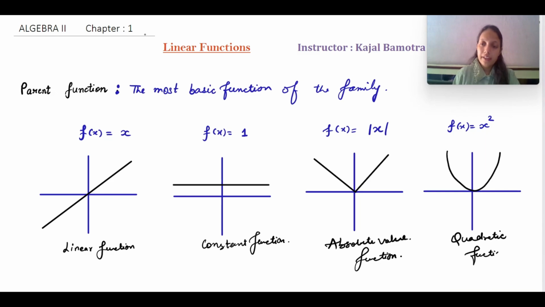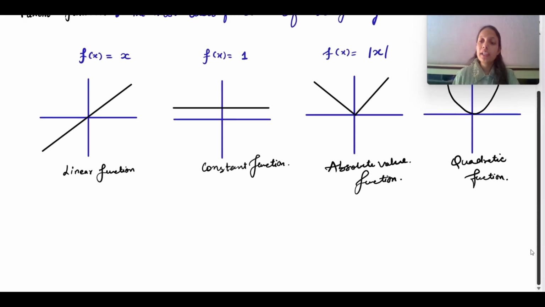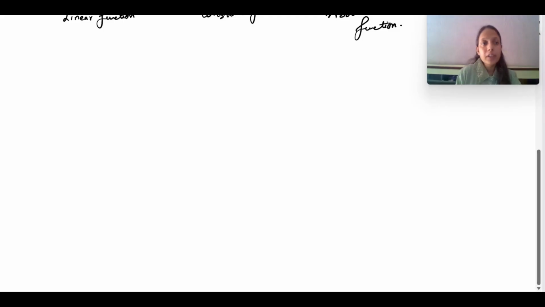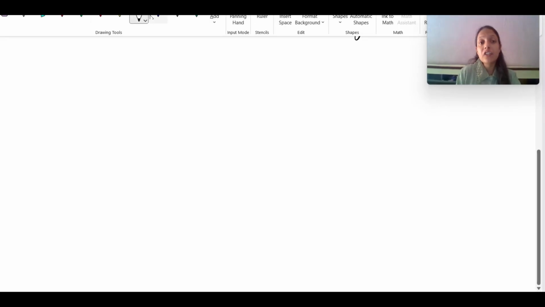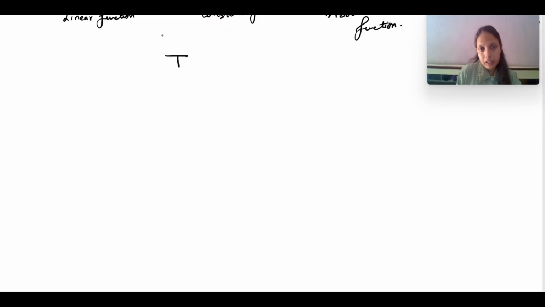Alright. Now we will learn the transformations. As we are working with chapter 1, linear functions, we will learn the transformations in linear functions only. There are different transformations. The first transformation is translation.